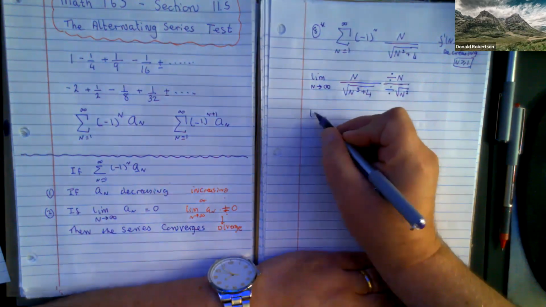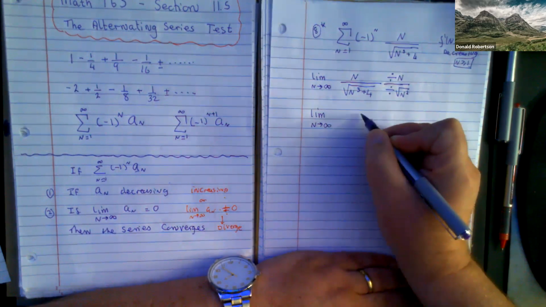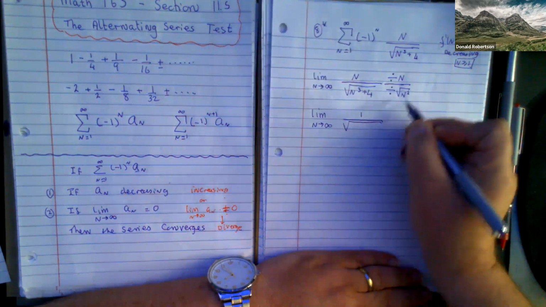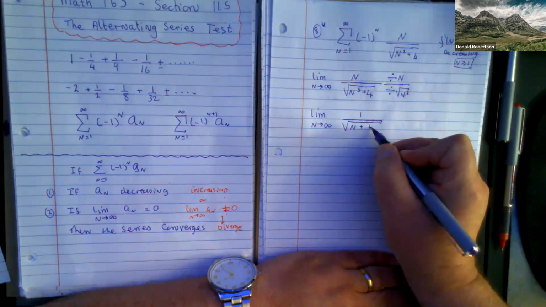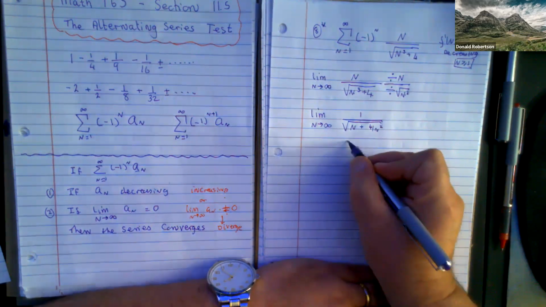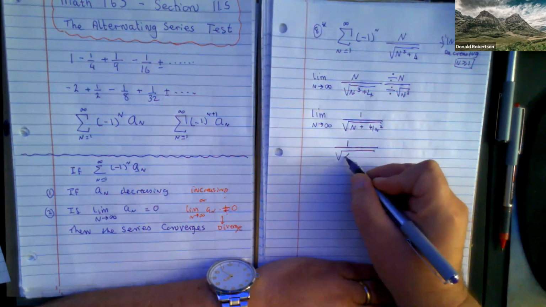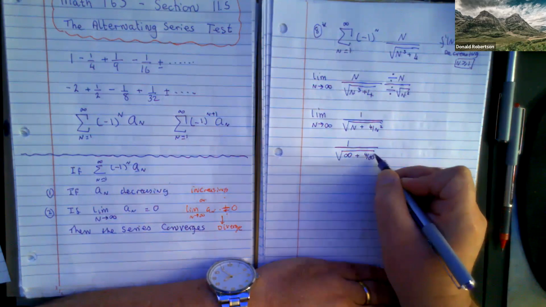So this now becomes the limit as n tends to infinity of 1 over the square root of, that guy gets you n, and that guy gets you 4 over n squared. And now I can do brute force. It's 1 over the square root of infinity plus 4 over infinity squared.